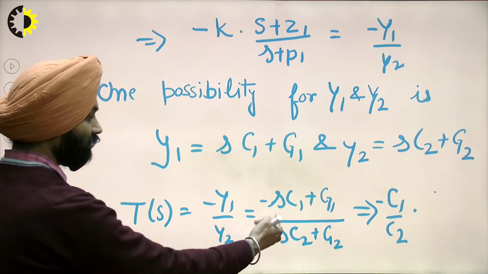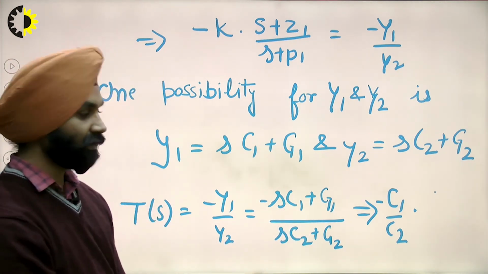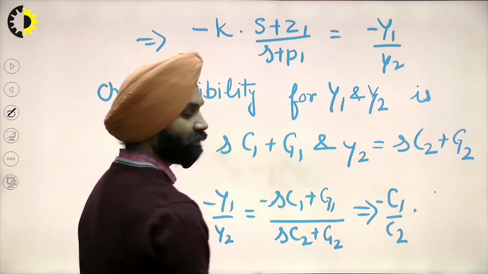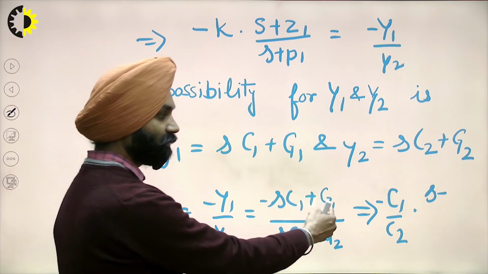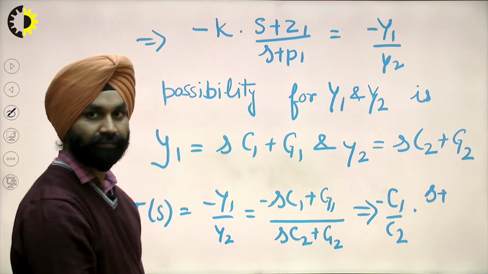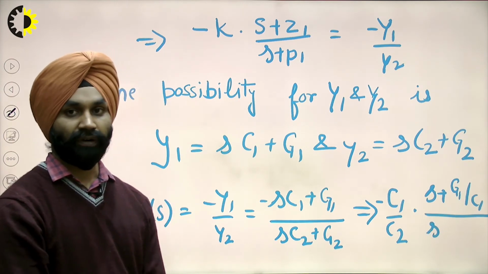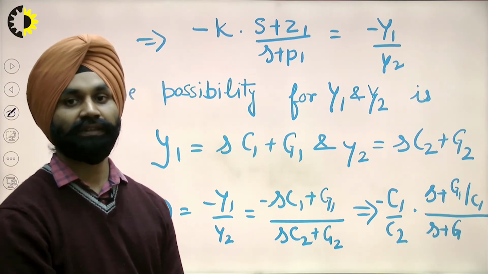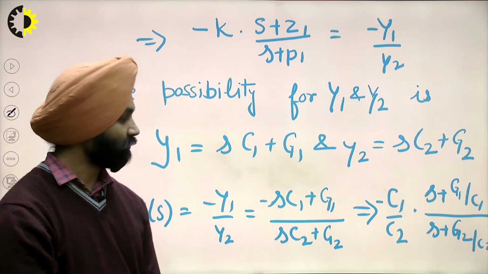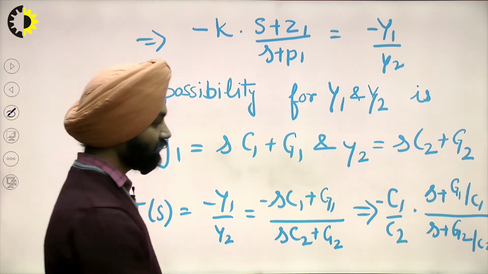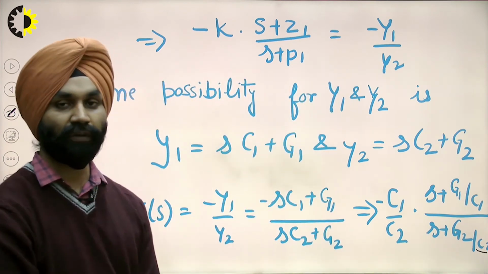If we take common the highest coefficient of s, that will be minus C1 by C2 into (s plus G1 upon C1) upon (s plus G2 upon C2), where this C2 is the highest coefficient of the denominator.